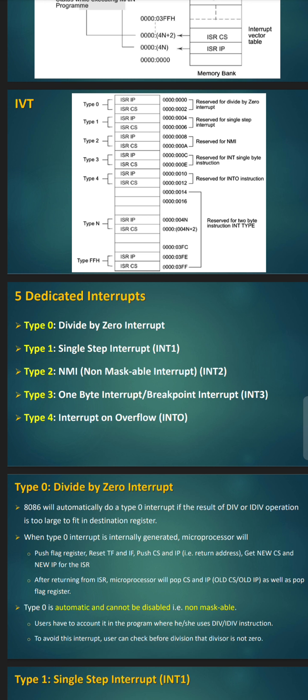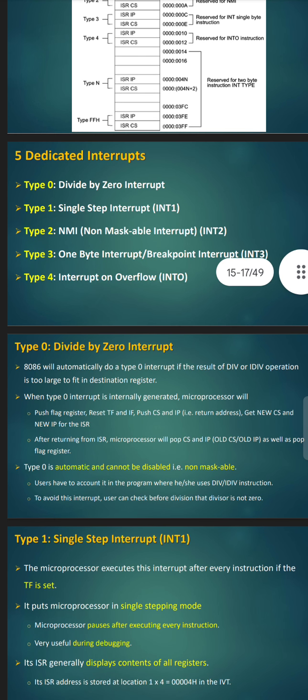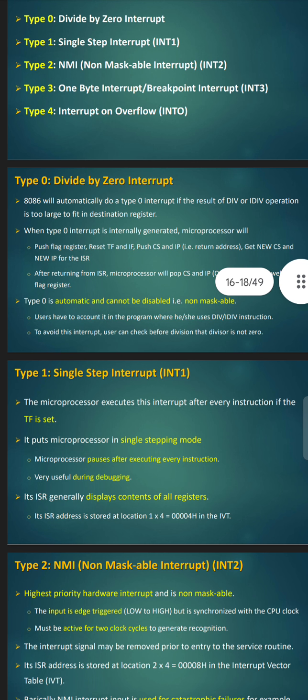If there is any division in the instruction and the divisor is 0, automatically that interrupt occurs. The single step interrupt, that is INT 1, is executed by the microprocessor after every instruction if the trap flag is set. If the trap flag is set, automatically this interrupt starts executing.